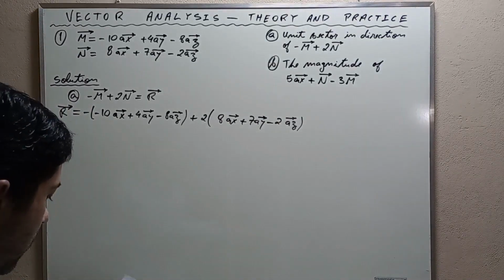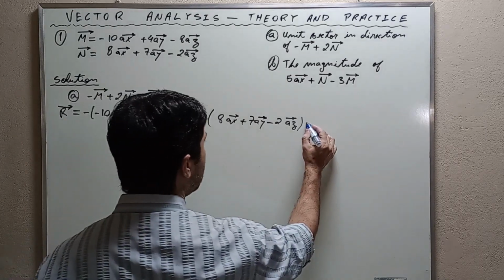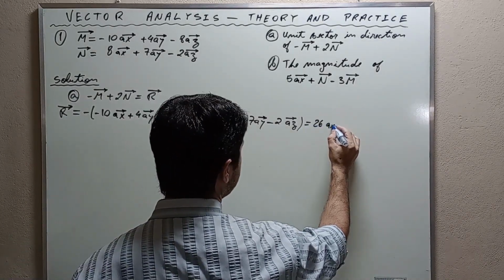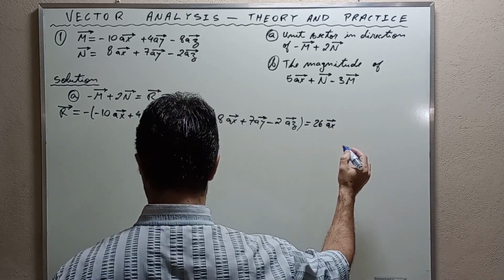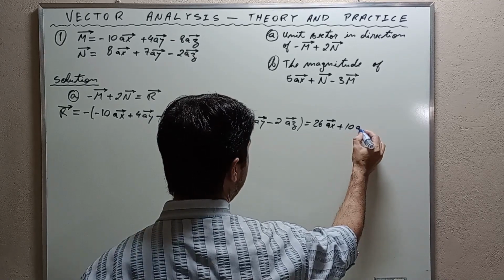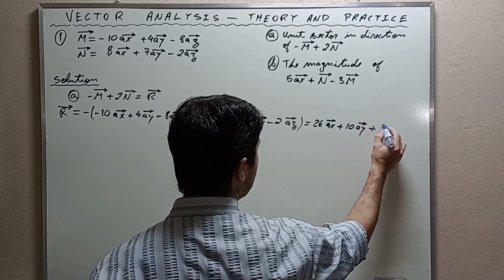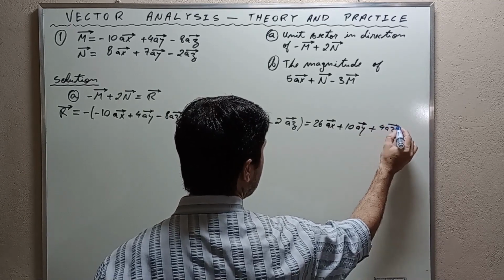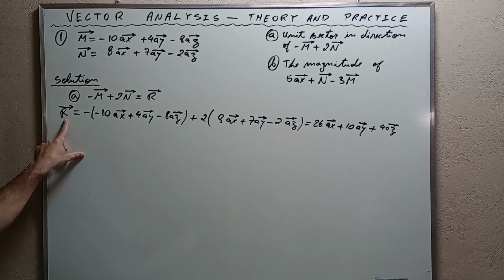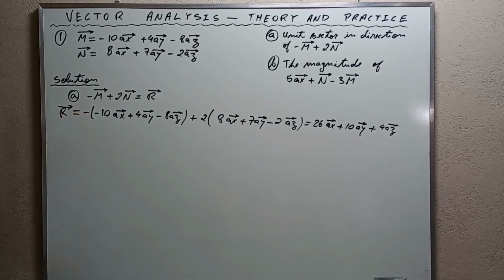And when we carry out the operation, we find that it is 26ax plus 10ay plus 4az. Okay, this is vector r, which represents minus m plus 2n.